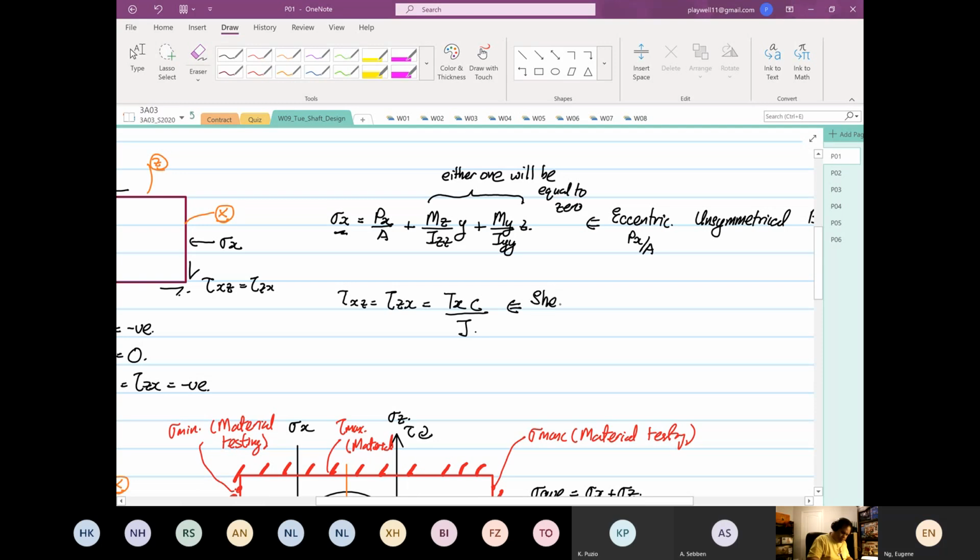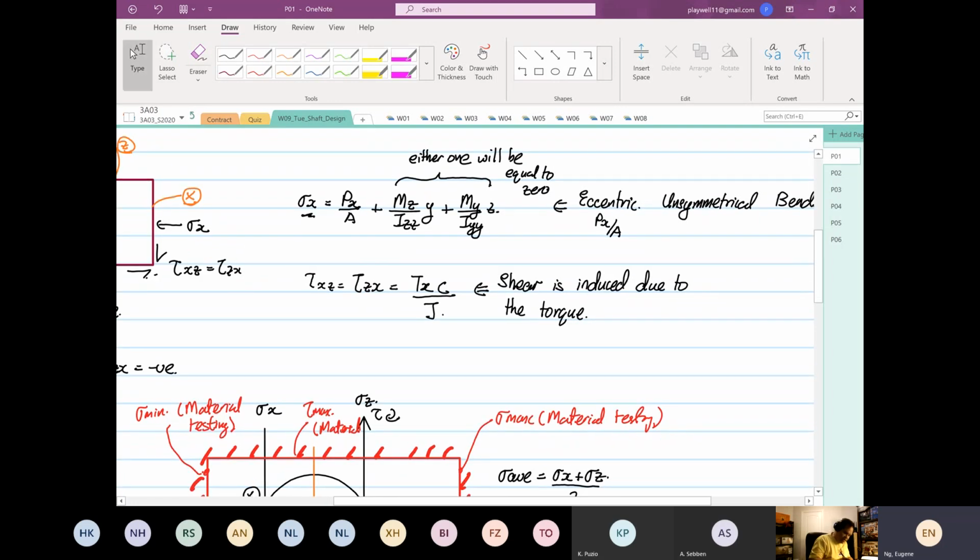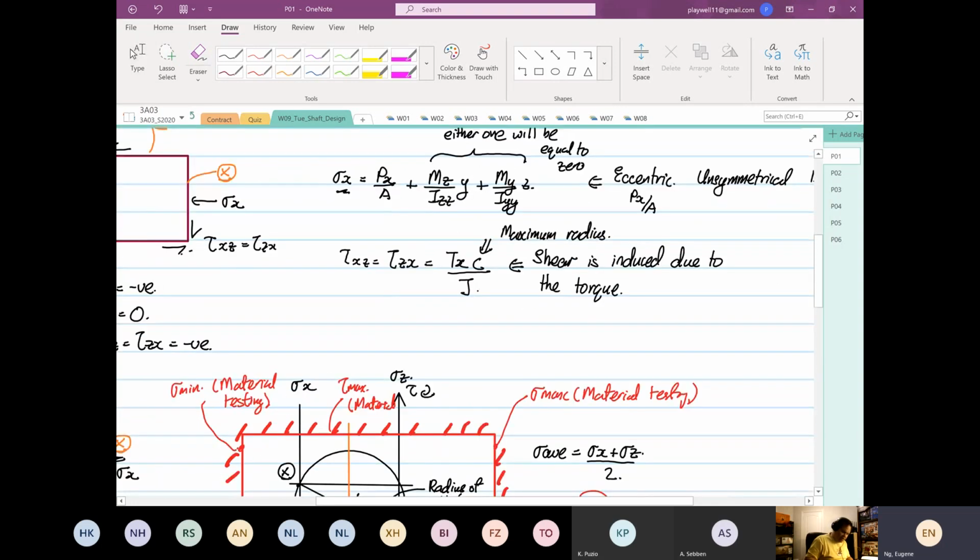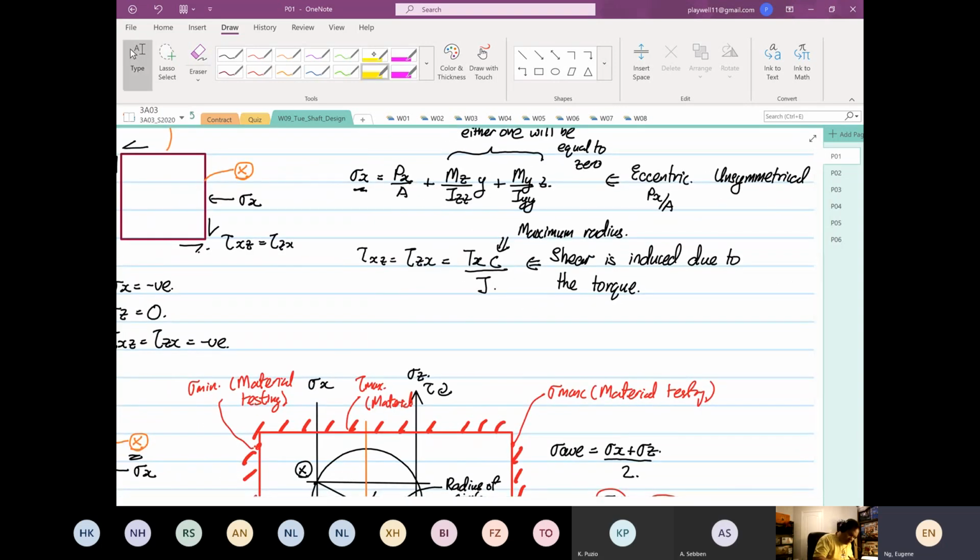When due to the torque, we realize that the shear is maximum at the maximum radius. And in the design of a transmission shaft, I'm going to highlight this.